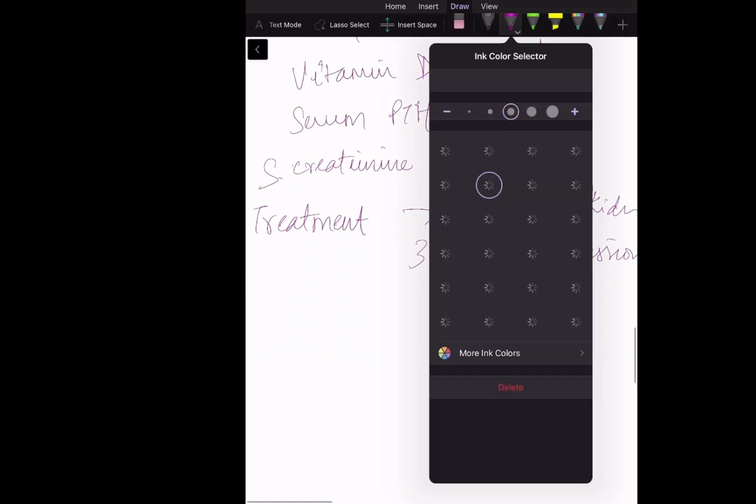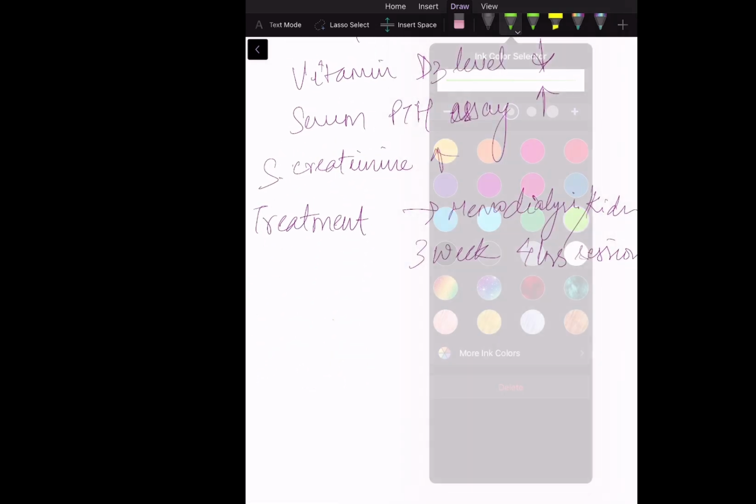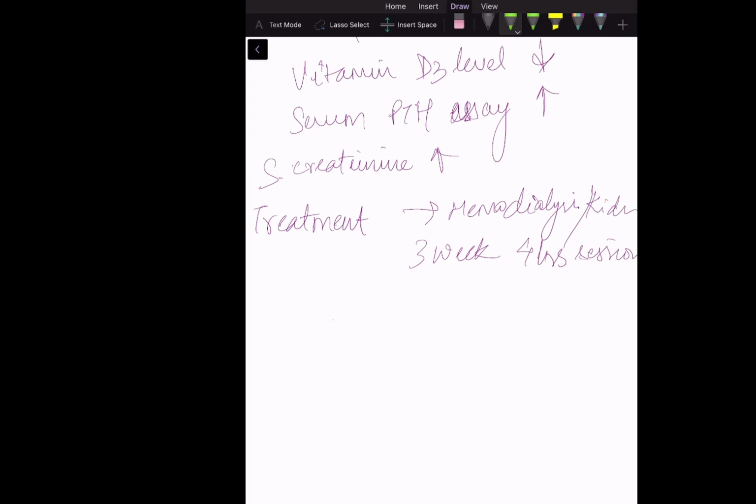Then we come to tertiary hyperparathyroidism.